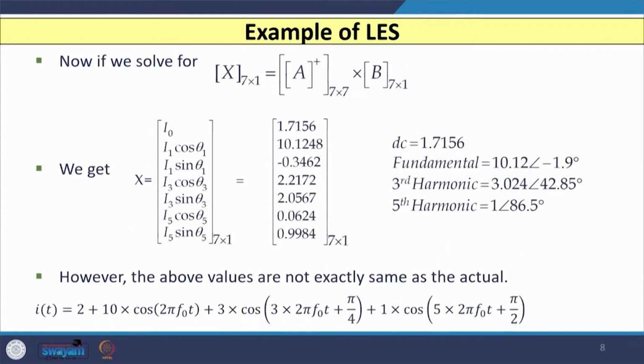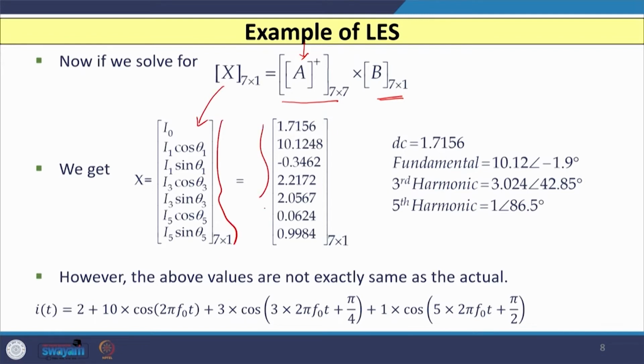When you do that, as I told you, you have to take the pseudo inverse. The pseudo inverse is nothing but A plus, the size of which is 7 cross 7, that is a square matrix, and that is multiplied with the sampled vector. If you do that, you will have the value of x, these 7 terms.